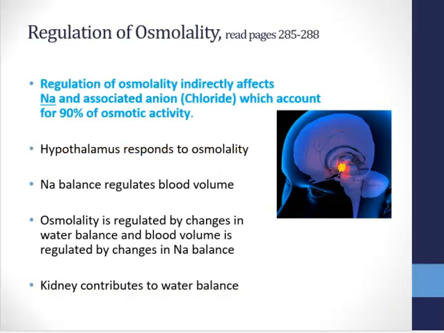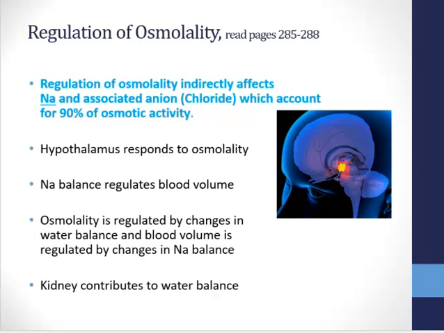So let's talk about regulation of osmolality. Regulation of osmolality indirectly affects sodium and associated ion chloride, which accounts for about 90% of osmotic activity. The hypothalamus responds to osmolality. So this is a gland in your brain, the hypothalamus.